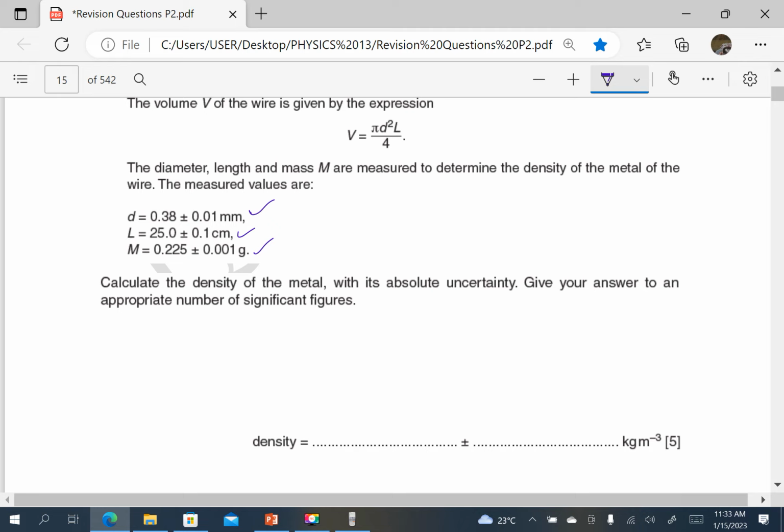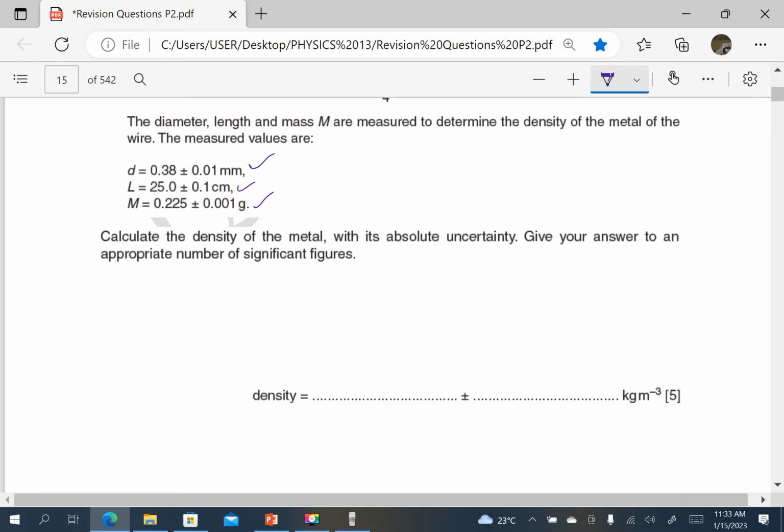Density. So to find density, to begin with, density is mass over volume. We don't have the volume, we have the mass. We know that volume is equal to cross-sectional area, which is pi r squared times the length L. Since we don't have r but we have d, we shall replace r with d.